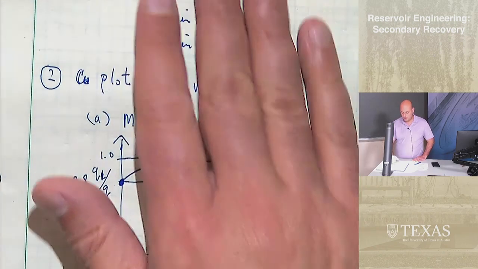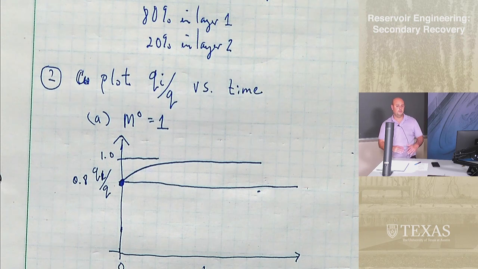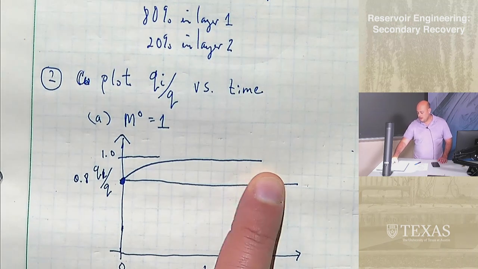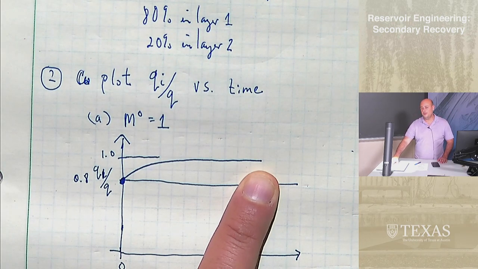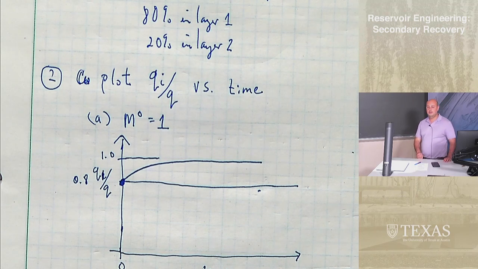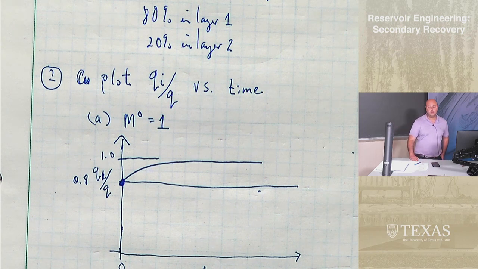You've already produced the oil in the top layer. There's only one other layer here, but this could be 100 layers. All the other layers are being left behind because 99% or 99.9% of the flow is in that top layer. Nothing's happening in those other layers. And that's bad, and that's a common reservoir engineering problem.